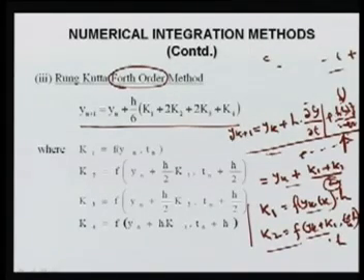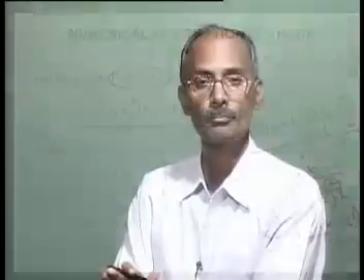Here you can see 1, 2, 2, and 1, that is 6, so it is divided by 6. All the terms are added and divided by 6, which means this is the average of k1, k2, k3, you can say a weighted average.